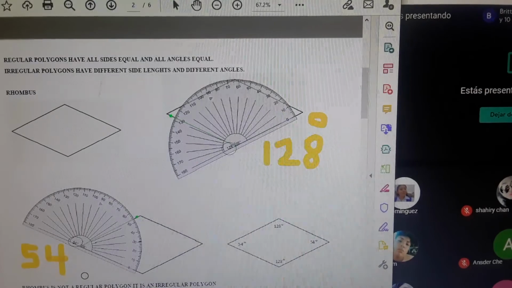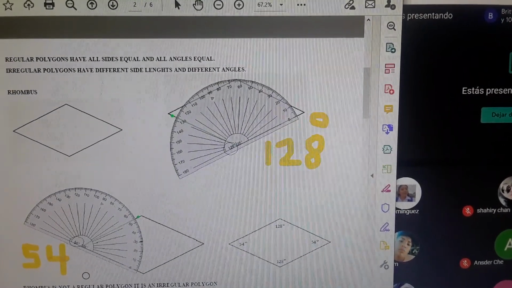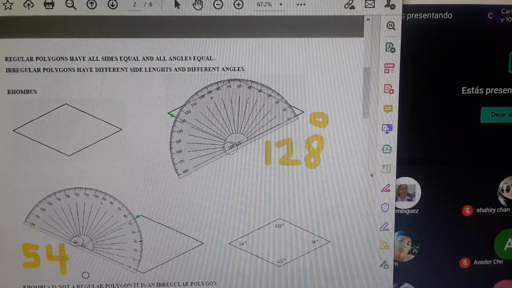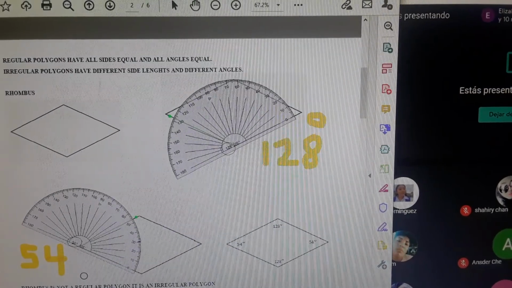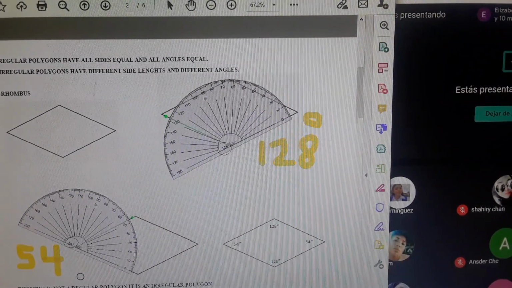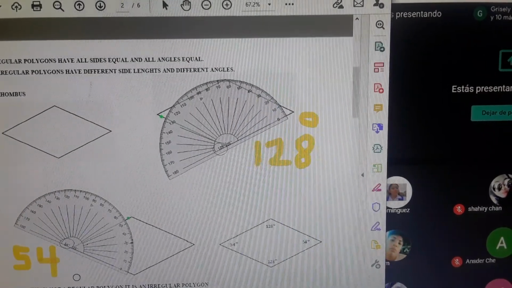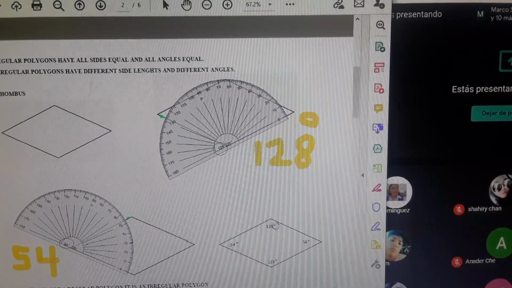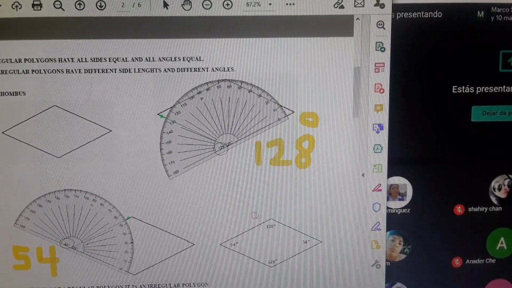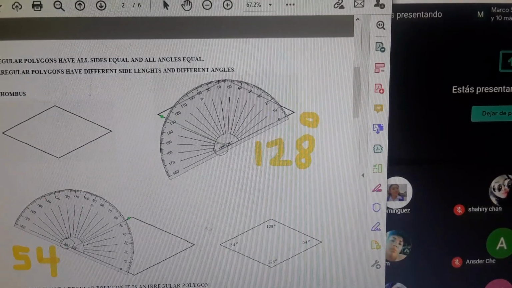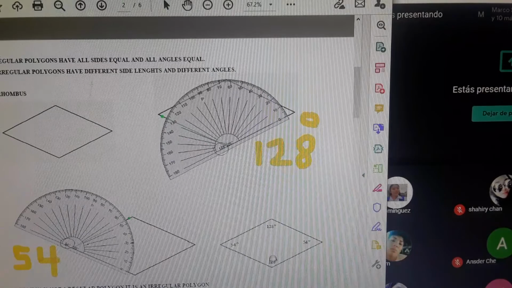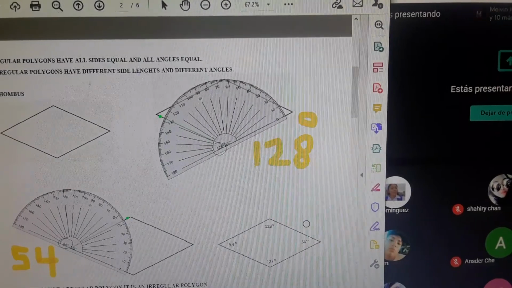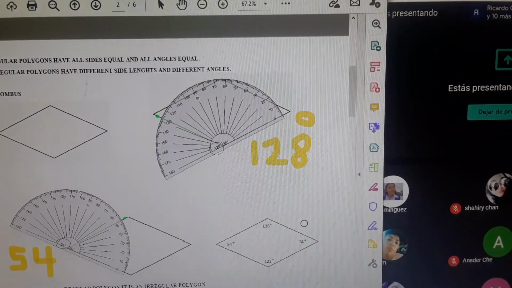Okay, just by putting my protractor and finding the angle there, I have found that one side is equal to 54 degrees and the other side is equal to 128 degrees. So if I analyze the rhombus this way that you can see right here, I will end up seeing that I have two angles that are 128 and two angles that are 54 degrees.